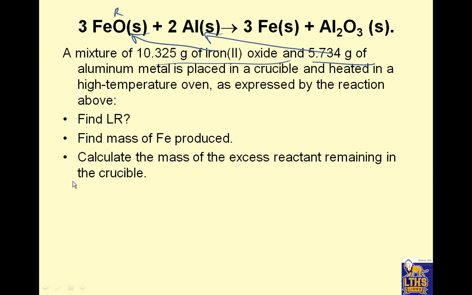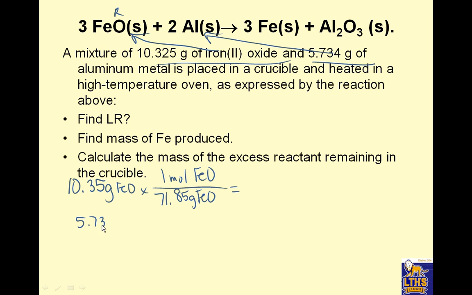But let's do this. 10.35 grams of FeO times, grams of FeO, 55.85 plus 16 equals 71.85 grams of FeO for 1 mole of FeO, equals, and then 4 grams of aluminum.